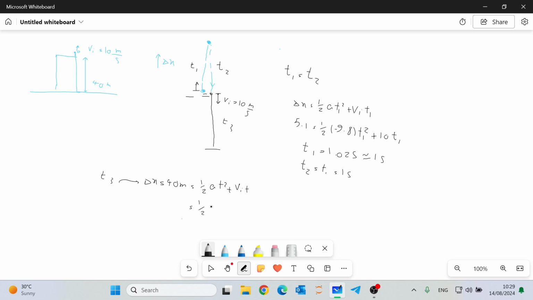I want to consider them positive, as it is more user friendly. If you solve this for t3, it's going to be around 2 seconds. So the total time for the whole process is almost 4 seconds.